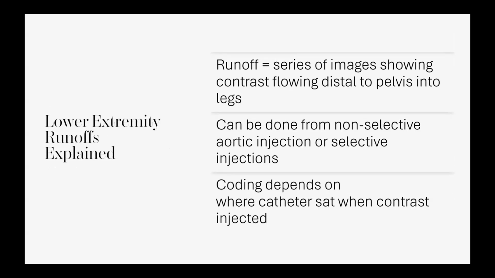A runoff is essentially a movie of contrast moving down the leg vessels. You can get the same imaging via a non-selective aortic shot or by selectively injecting an iliac or a femoral. Which code you pick hinges on the catheter location at the time of injection, not just the phrase runoff alone.